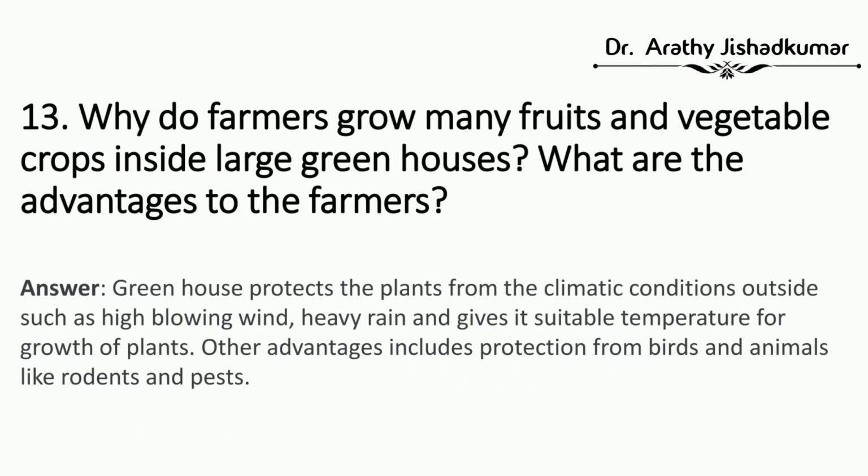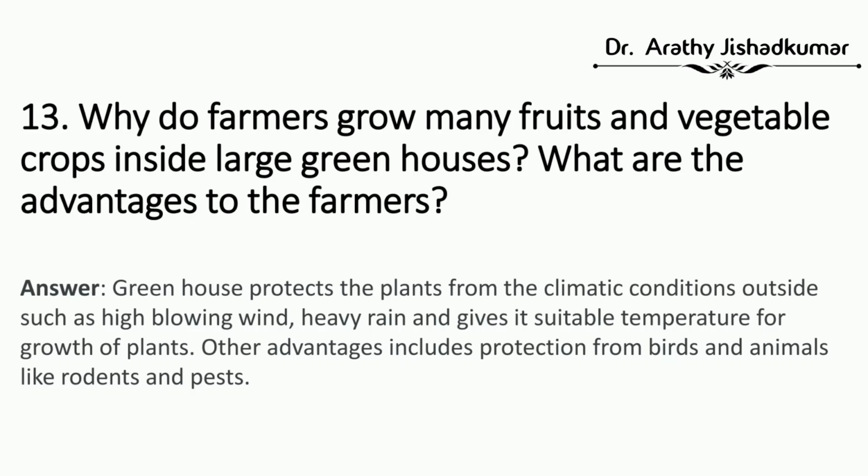Now, why do farmers grow many fruits and vegetable crops inside large greenhouses? What are the advantages to the farmers? Greenhouse is a controlled facility where farmers can grow plants so that they can avoid harsh external environments like high blowing wind, heavy rain or heavy sunlight.